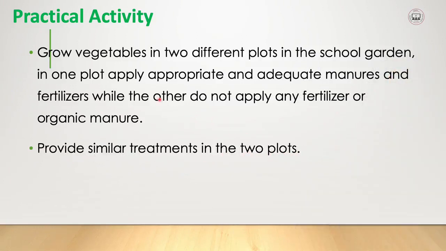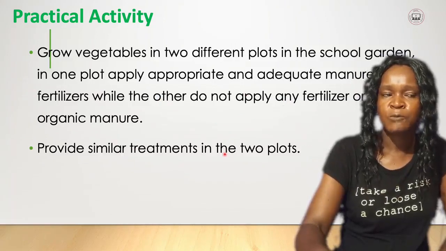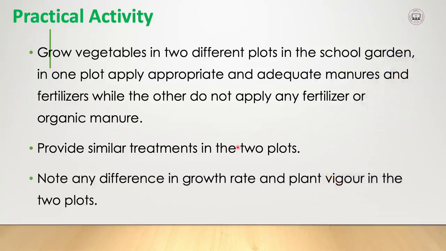Apart from applying and not applying fertilizers, other treatments should be similar in terms of weeding, watering, and so on and so forth. Once you are done, it is important to note the difference in growth rate and plant vigor in the 2 plots, where you applied fertilizer and where you did not apply fertilizer.